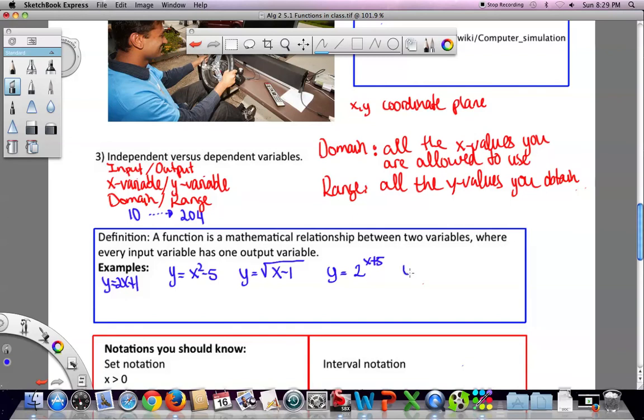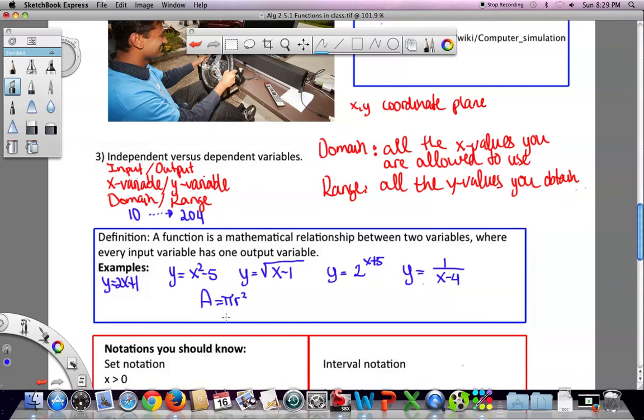And actually the next group of functions we're going to look at looks a lot like this. Those are called hyperbolic, and they are a special group on their own. And these are all functions in x and y.